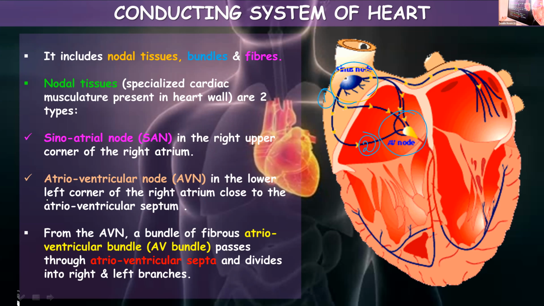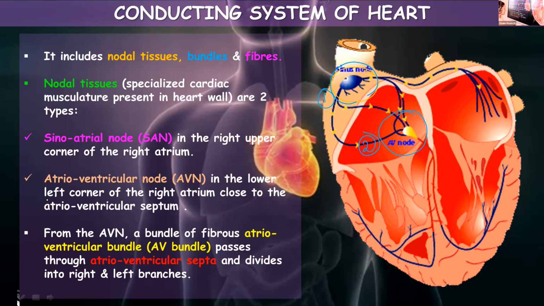You call it the atrioventricular bundle because it arises from the AVN, and this will pass through the atrioventricular septa. You know what is meant by atrioventricular septa? The partition separating atrium and ventricle is known as the atrioventricular septa.